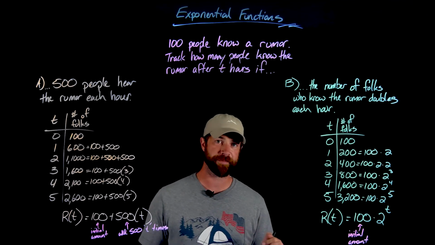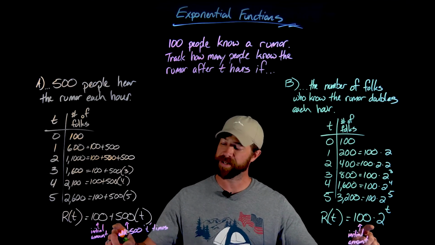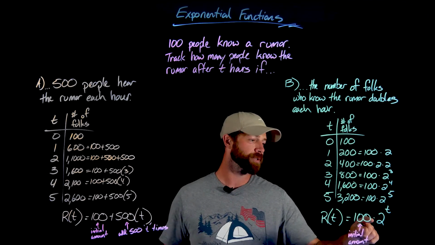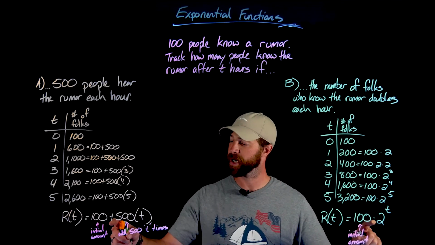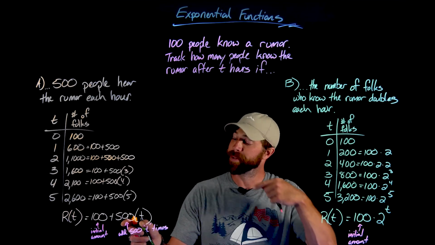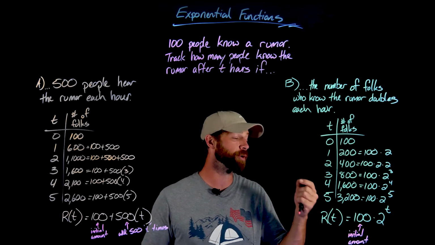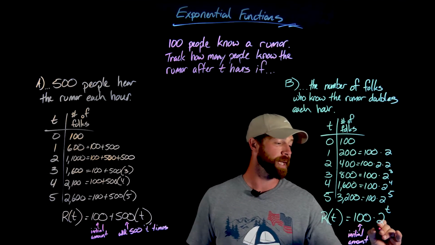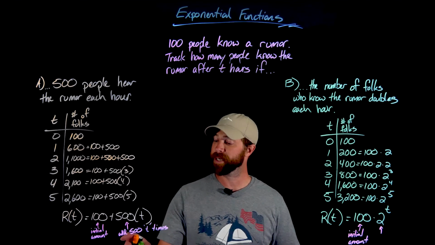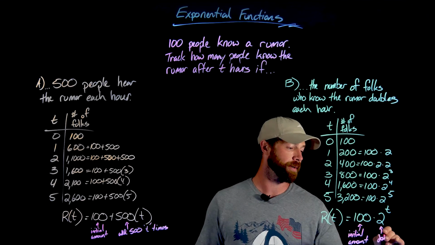The major difference is the operation happening in between, and us representing that operation happening multiple times. In this case I'm using multiplication, where I was using addition, and instead of using multiplication to denote repeated addition, we're using an exponent to denote repeated multiplication. So this factor of 2 does not mean I'm adding a certain number of times, but rather it means doubling per hour.